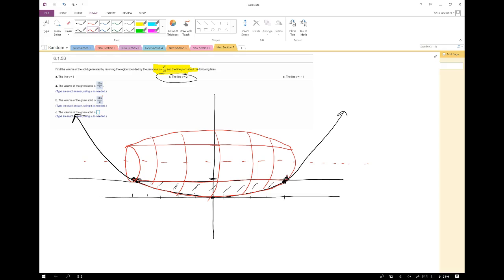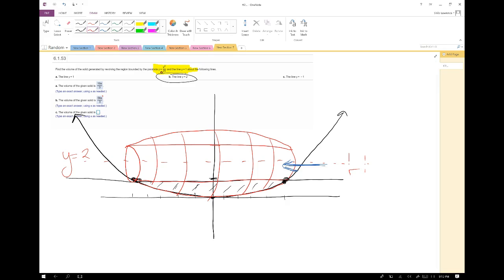So there's two things going on here that make this problem a little bit tricky. First of all, it's hollow, which means we're going to have to do the washer method. Also, we're revolving around a line other than the x-axis, y equals 2, which means everything in this graph needs to be shifted down 2 units, and the way we do that is we just subtract 2 from our functions.